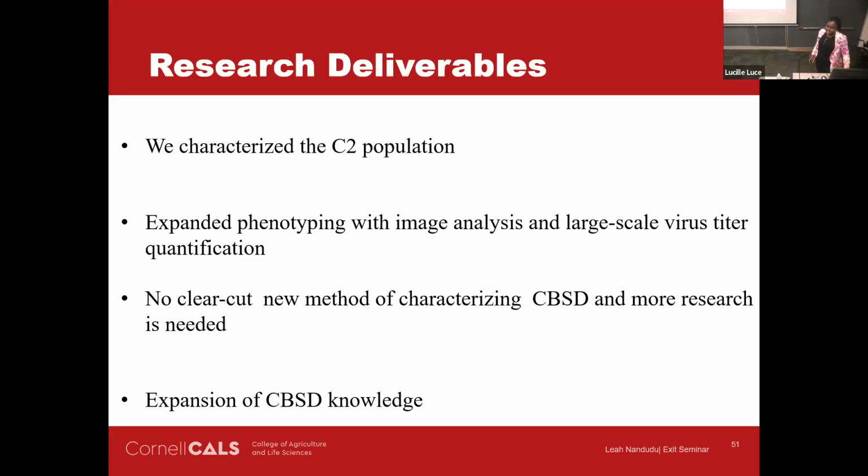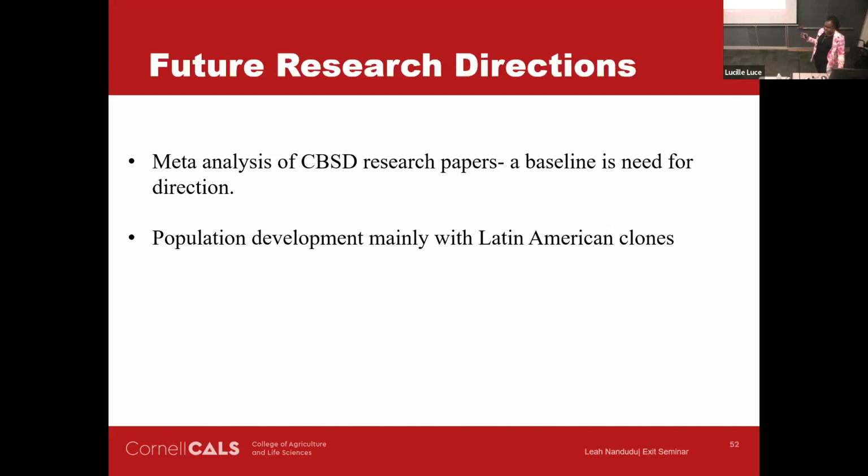So moving forward, as we were talking, you notice different groups tend to identify different genomic regions based on the population that they use, right? So we are proposing that the cassava community could do a meta study for all these published papers and have a baseline that breeders could follow rather than everybody having their own population. We are also recently looking at Latin American lines that were characterized for CBSV in the greenhouse.